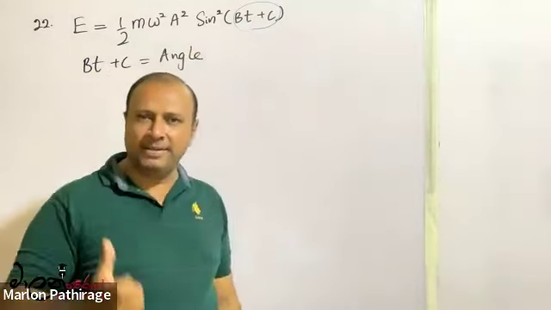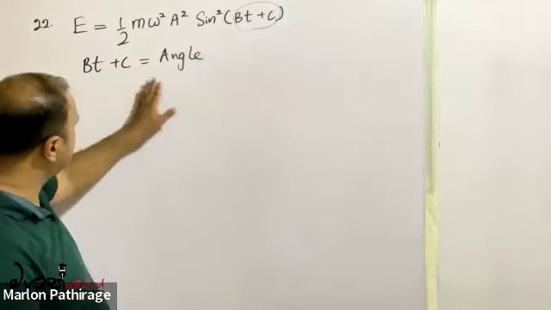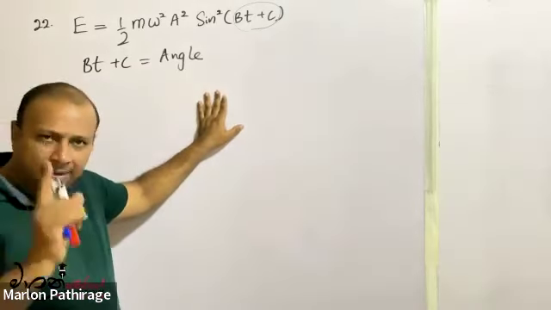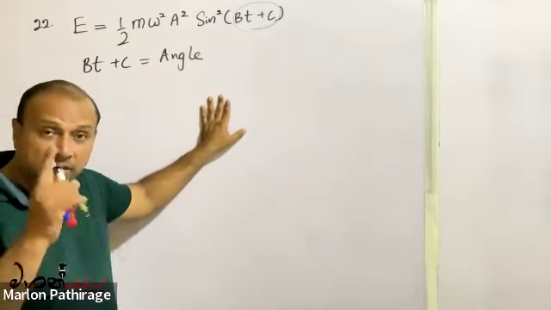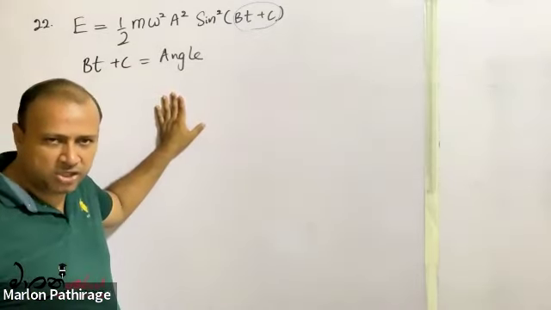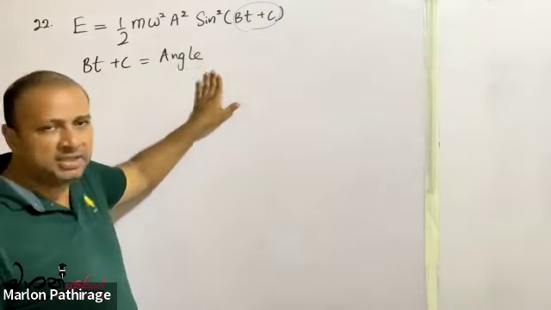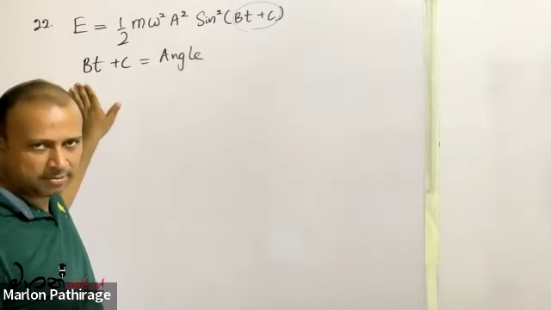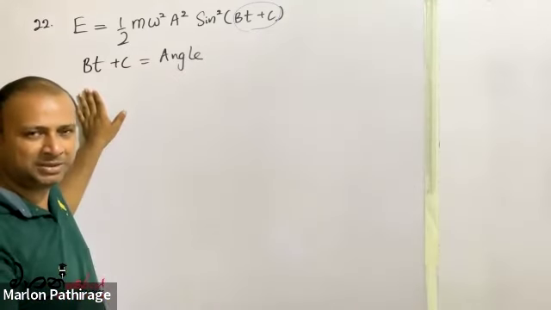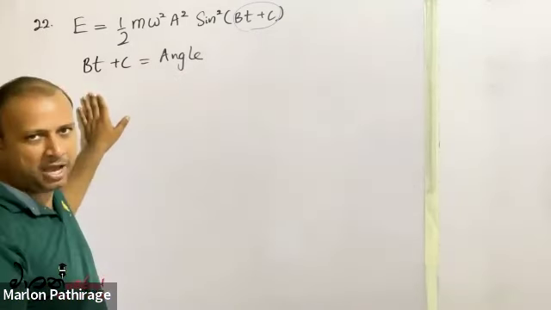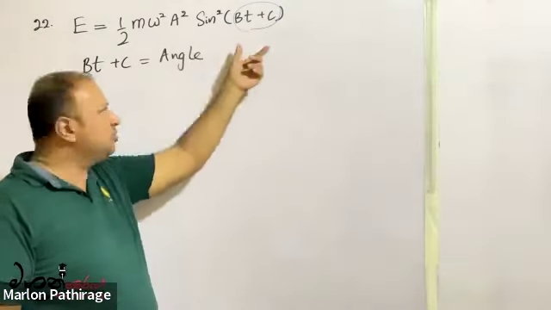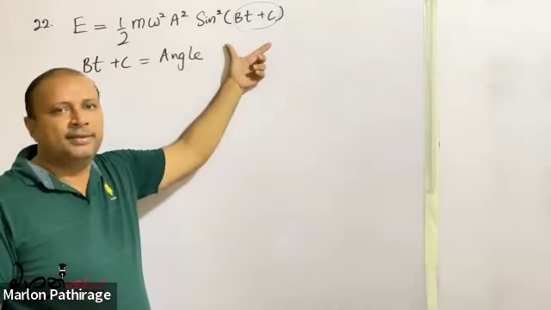Once you determine this equation, as it is an equation, all the terms in this equation should have the same dimension. According to that argument, first you have to determine this one is an angle.